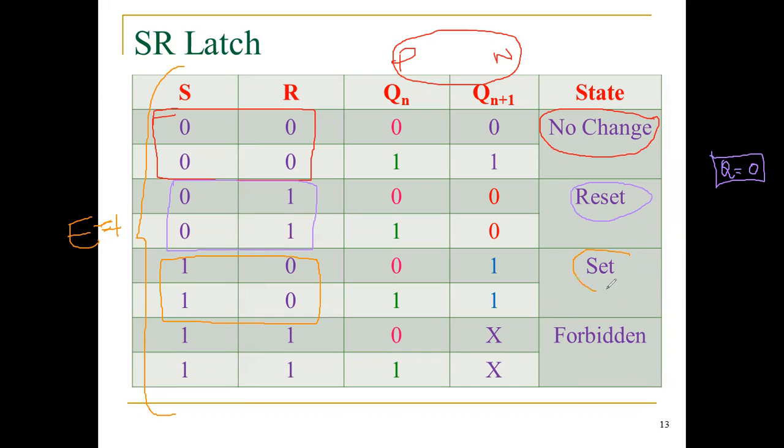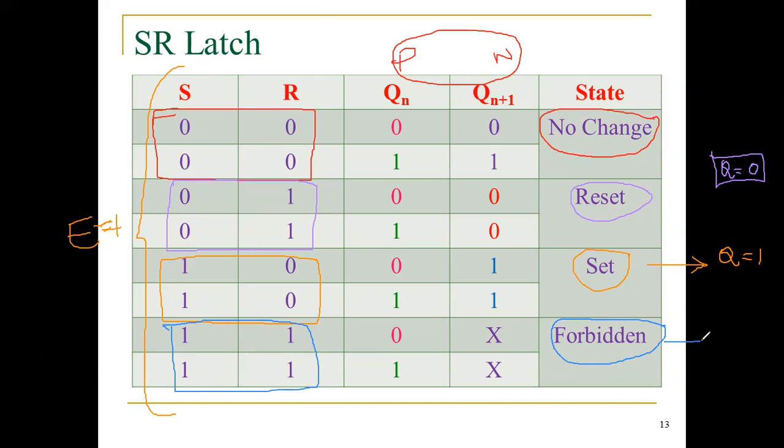Now it produces the output like this, 1 1. That means it sets the output. What is meant by setting here? That means my Q output is equal to 1. And then the final operation, a set of inputs 1 1 along with my enable, what will happen? That makes my output forbidden or indeterminate.